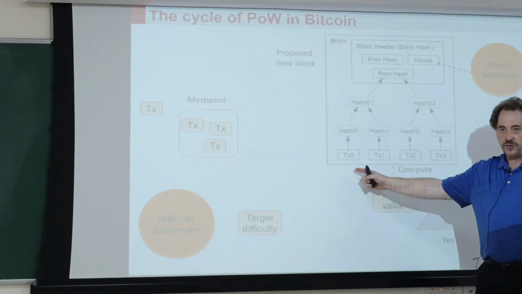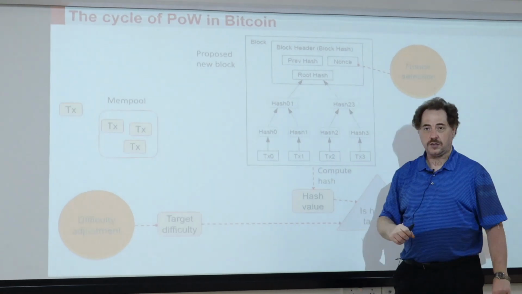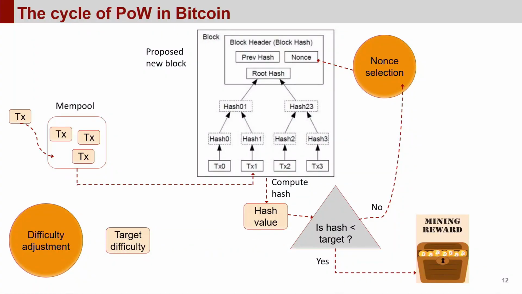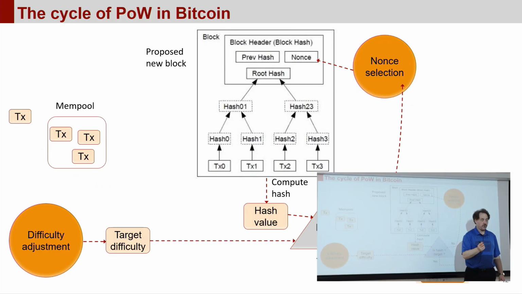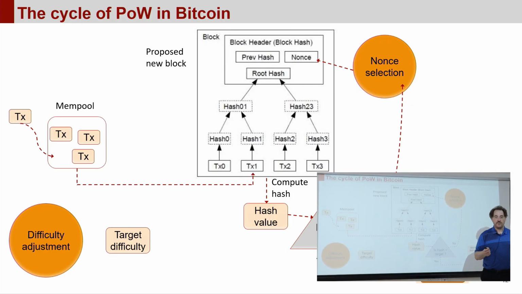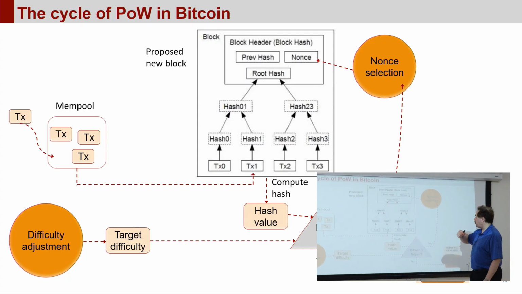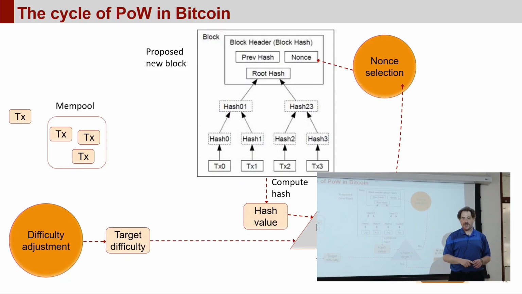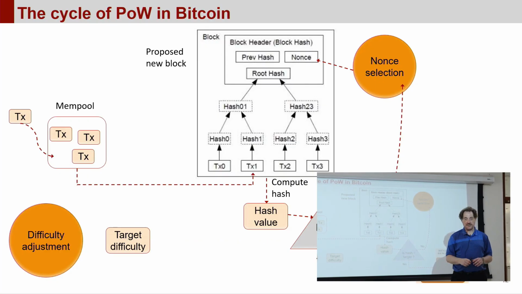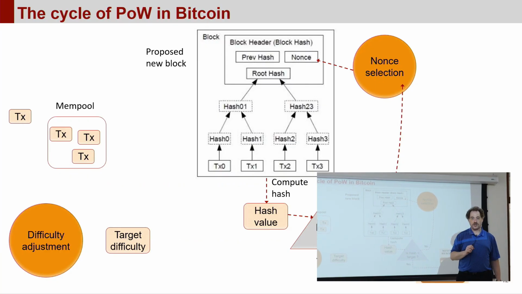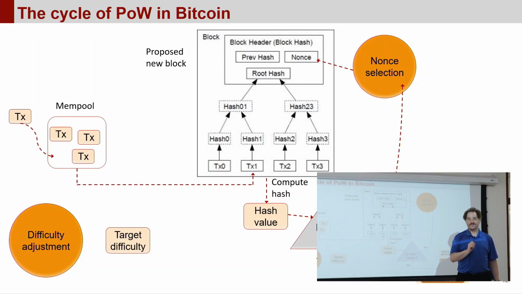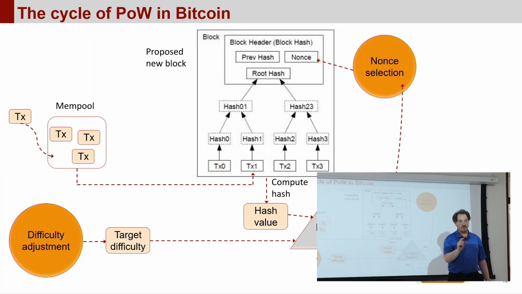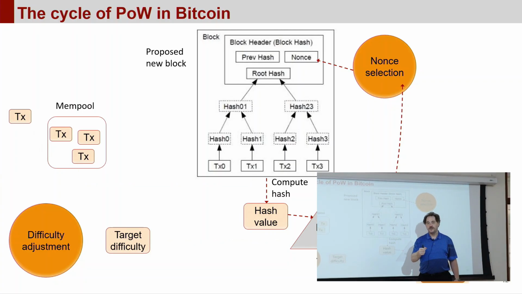Is it a good idea for me to add new transactions to the block and alter the block? Because maybe that would change the nonce space, and I would need to change the nonces again. So maybe it's a bad idea to put in new transactions. The answer is no. And that's the beauty of how it's done in Bitcoin.